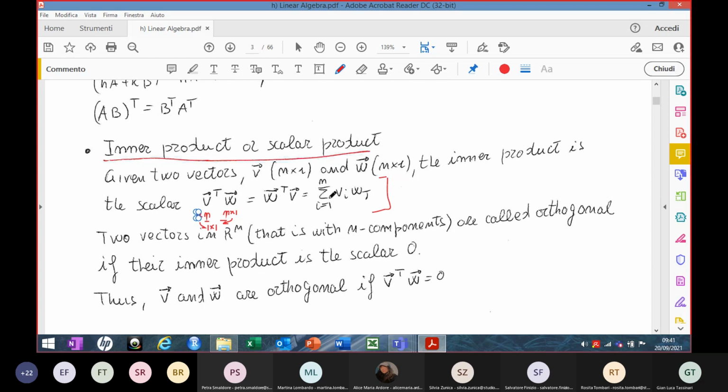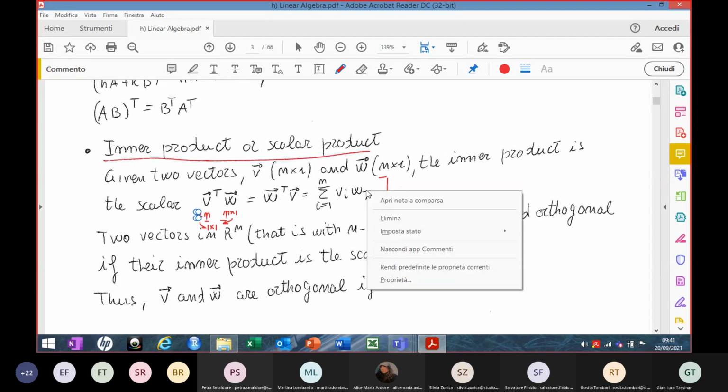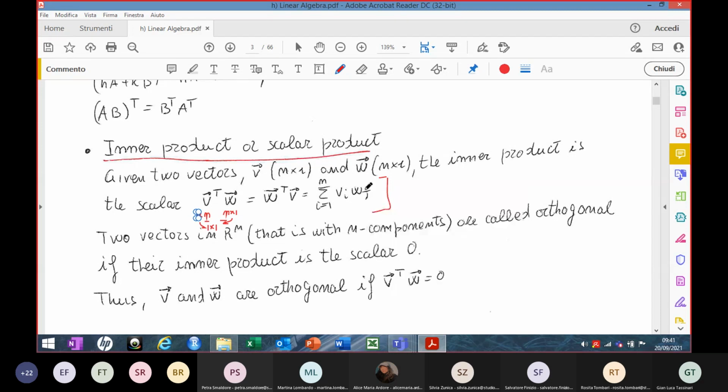What you have to do, simply, look at the sum. You have the sum from i equal to 1 to n of what? Vi times Wi. Please write Wi, I don't want, please, here write i, typo, write i. What does this mean, guys? When i is equal to 1, what do you have?